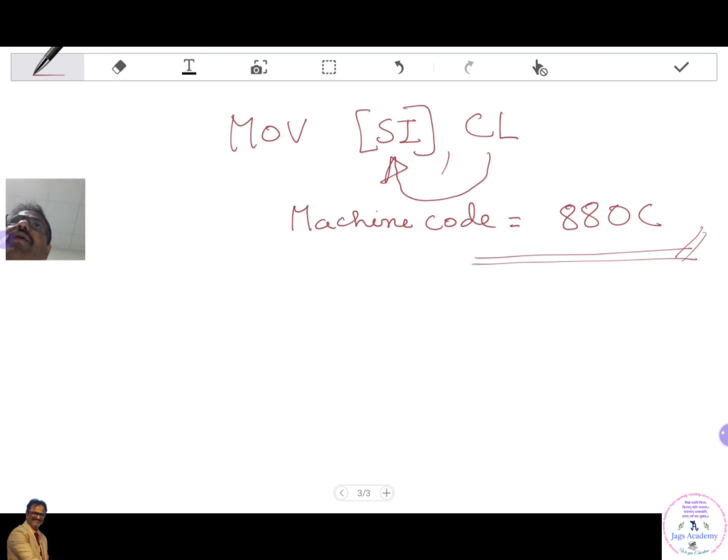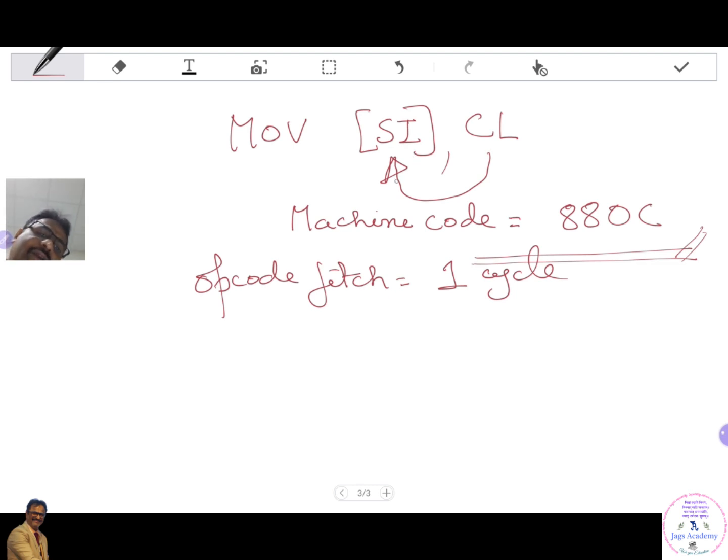Now for opcode fetch, how many machine cycles are required? For opcode fetch you require one machine cycle. And see here, there is a data write operation, so it is written into the memory.